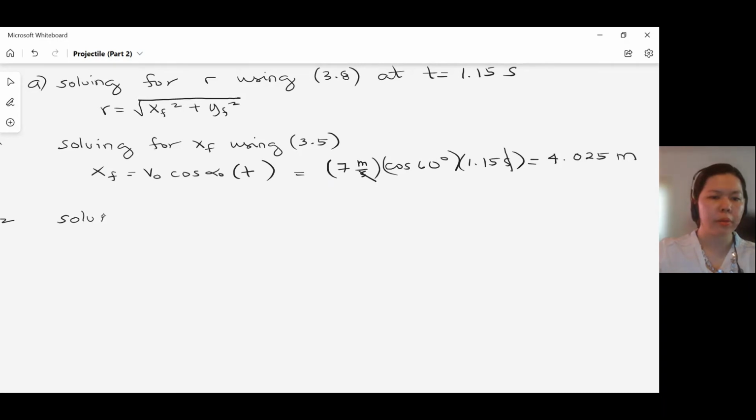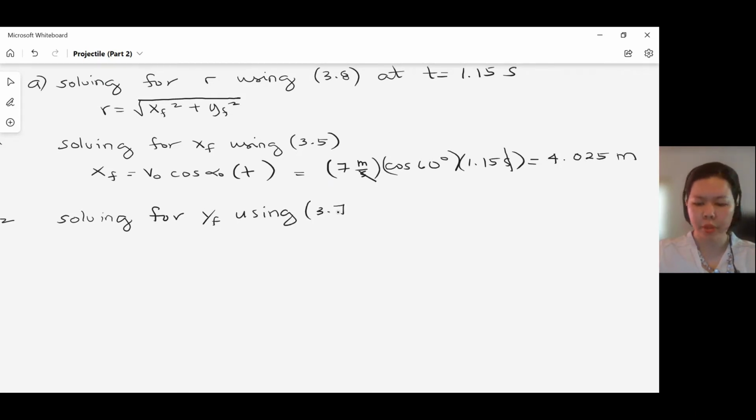Solving for YF using 3.7, we have YF is equal to V naught sine alpha naught times time plus 1/2 g t squared.